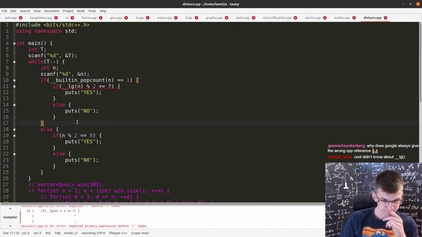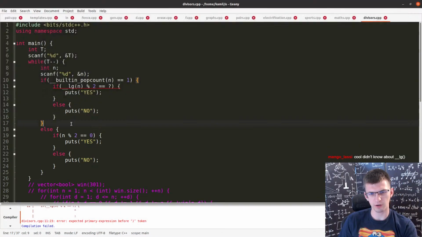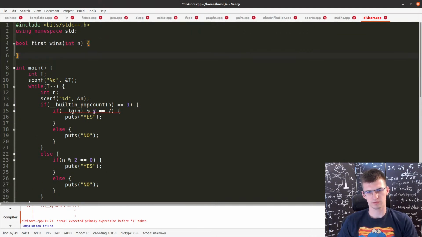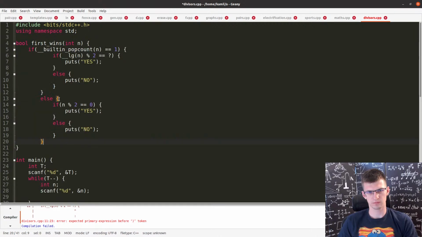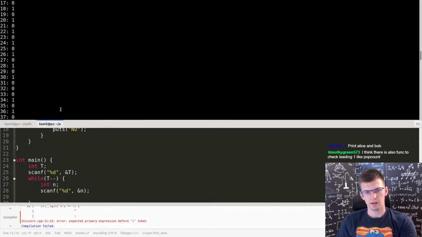If something, oh, I should print Alice and Bob. Yeah, then this definitely should be a function. First ones. Okay, now, if n is even, by default we return, well, what do we return?